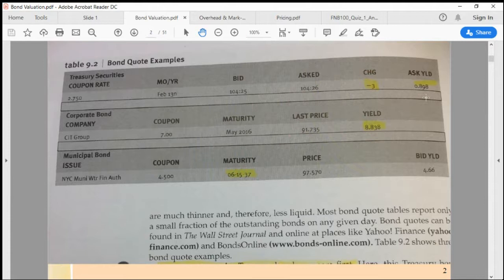Isn't that right? I've been telling you in topic one, the first topic, we talked a lot about nominal interest rate, real interest rate, and inflation, right? And I told you inflation is not necessarily a bad thing, because inflation is a sign of a vibrant economy. If inflation is negative, that means deflation, right? The economy is not growing but shrinking.